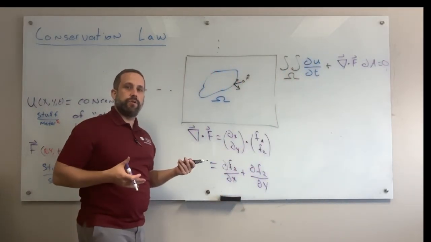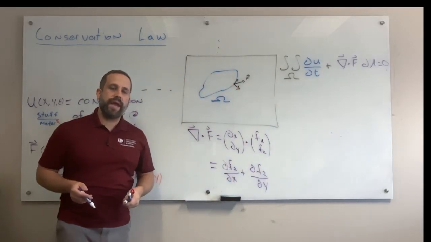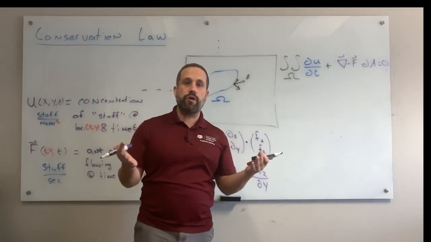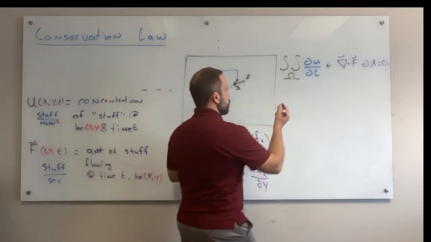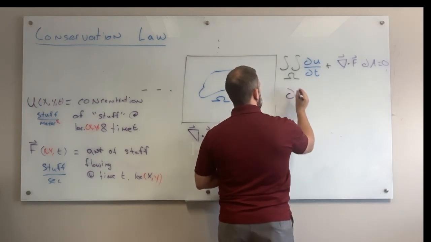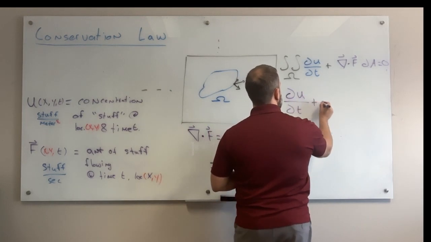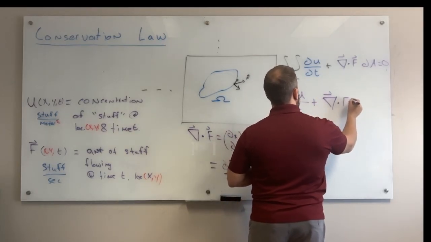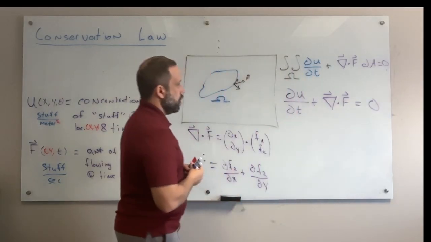And again, something similar is going to be true. The integral of this function over all smooth regions omega is equal to 0. So the function is either 0 or it's discontinuous, non-zero only at some isolated points. And so we get the two-dimensional version of what we got before: the t derivative of u plus the divergence of the flux is equal to 0.